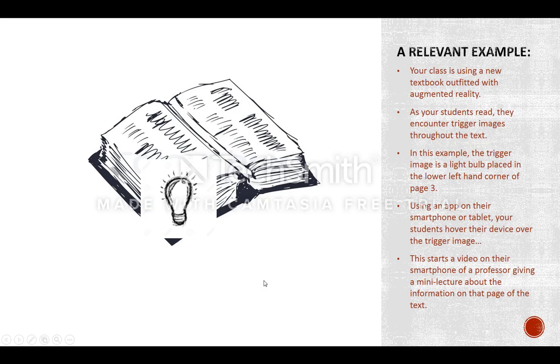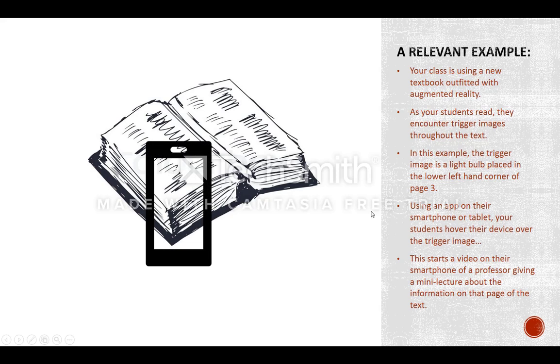We'll say it's placed in the lower left corner of page 3. Once the student sees that image, they can use their smartphone or tablet and an application associated with that image, hover their device over the image, and that, in turn, will start a new application.